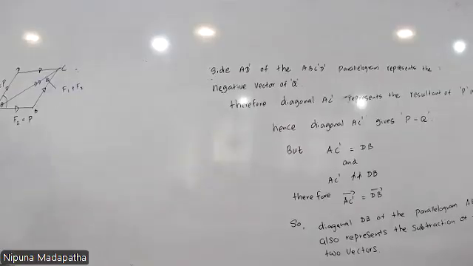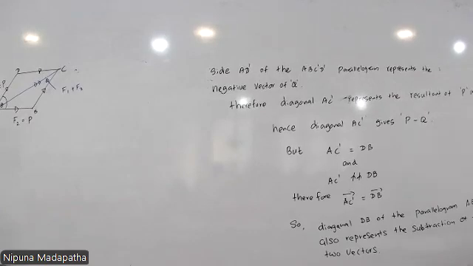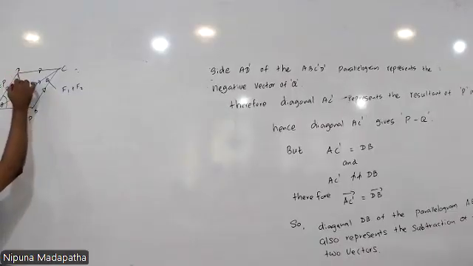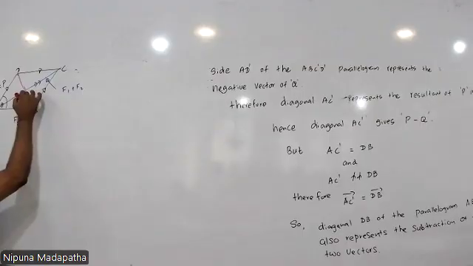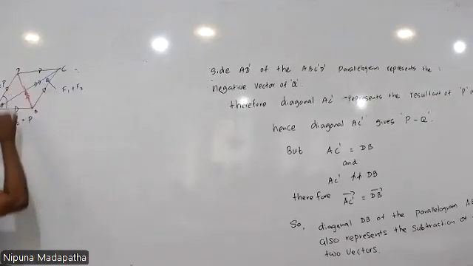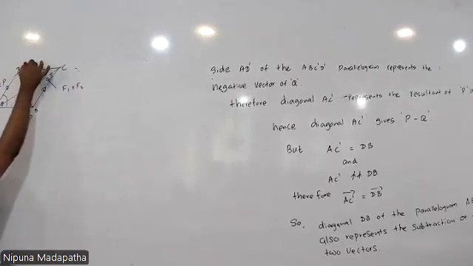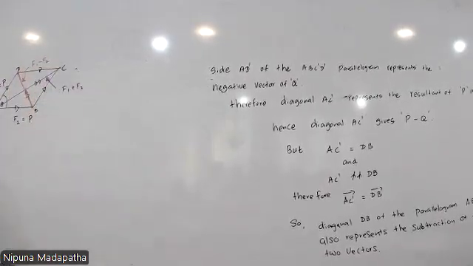Then how do you get f1 minus f2? From this diagonal. Make a line, this one. The length of BD is equal to f1 minus f2.